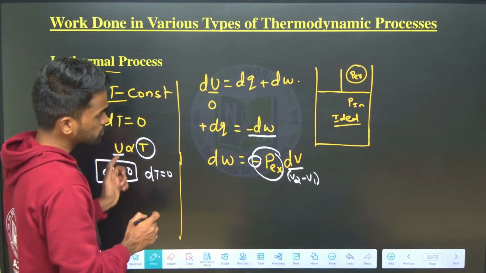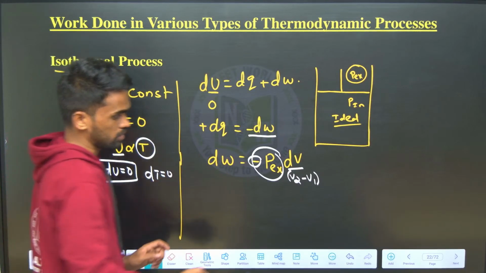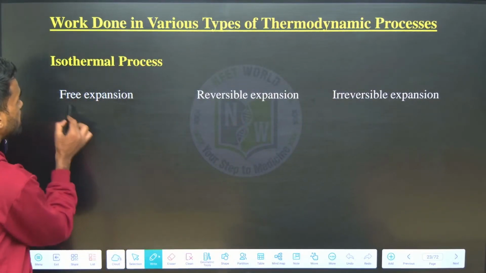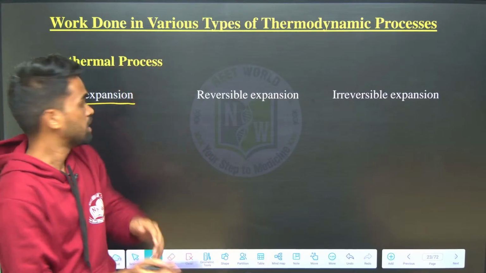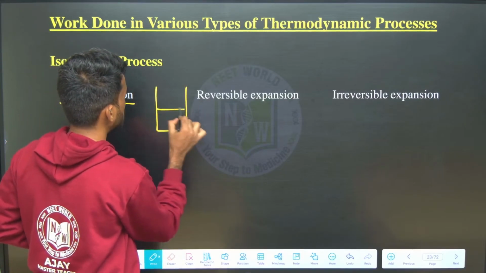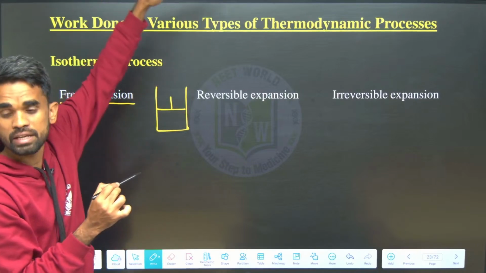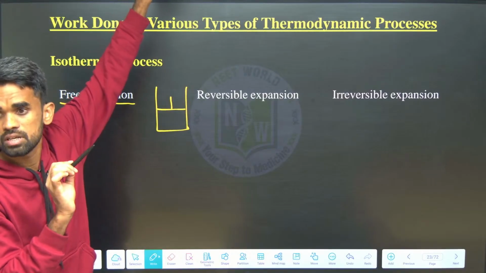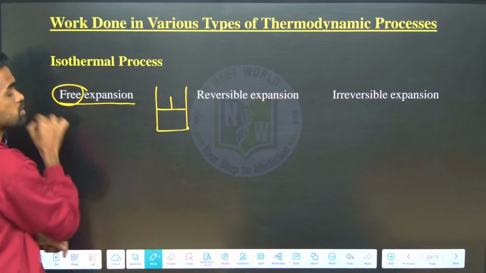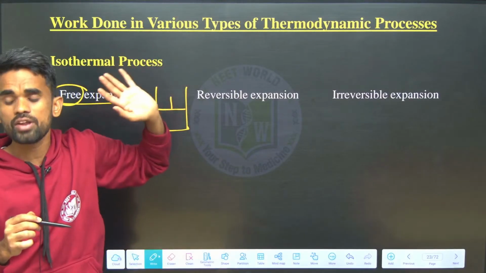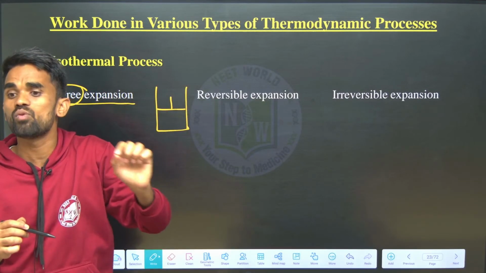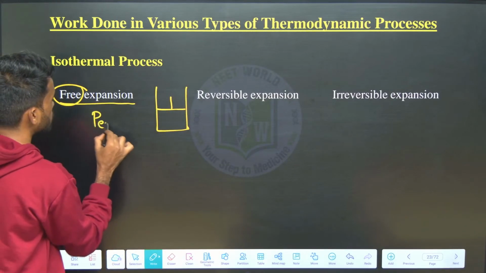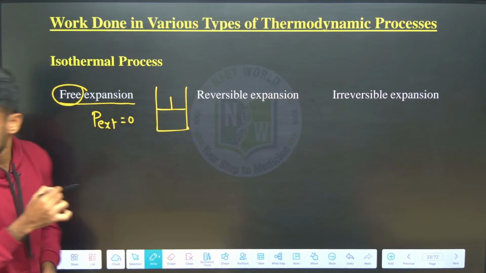Now we will do this for different processes. First, isothermal free expansion. In free expansion, the piston you have seen here goes up very freely. It means external pressure will not only be less, it will be almost 0. When I say free expansion, external pressure will be 0. Or you can say isothermal expansion in a vacuum, where there is no pressure. So P external value will be 0.